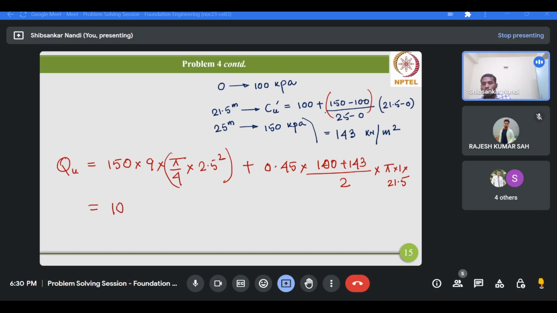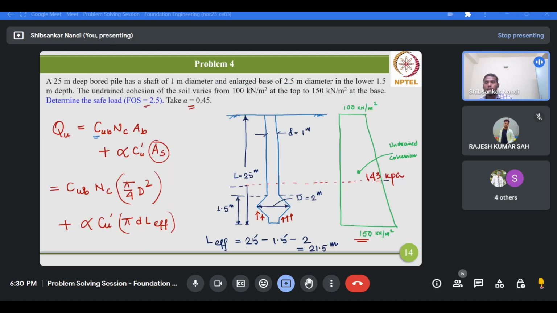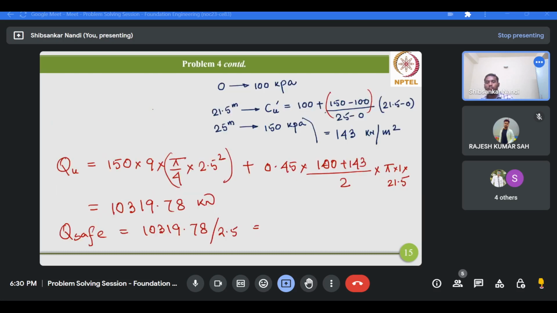So this value would be 10319.78 kilonewton. Q safe, therefore, we can calculate as 10319.78 divided by 2.5. This is the factor of safety.